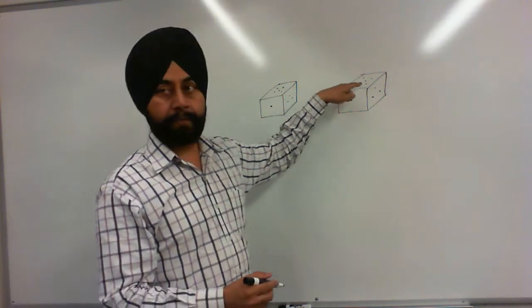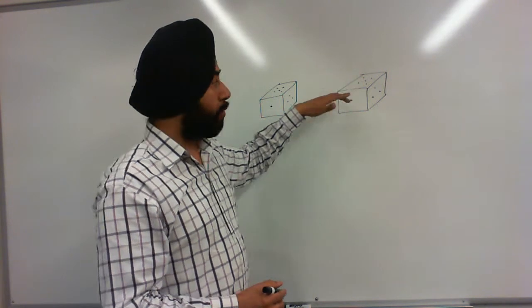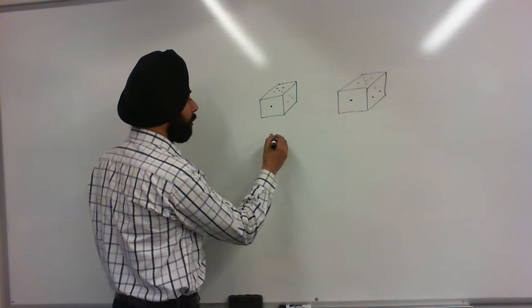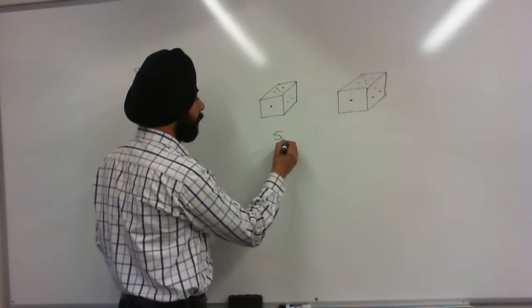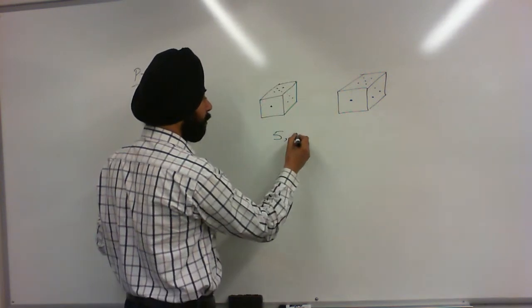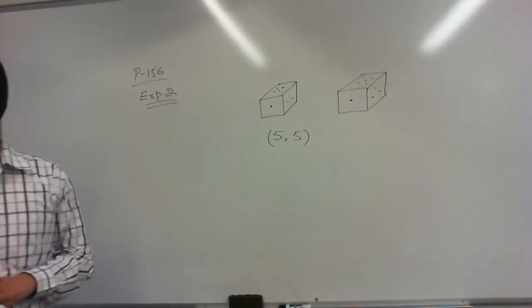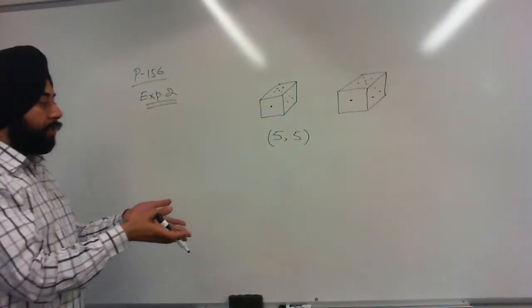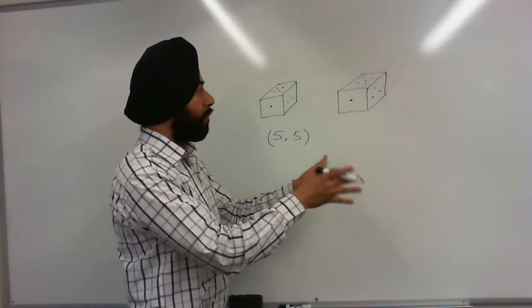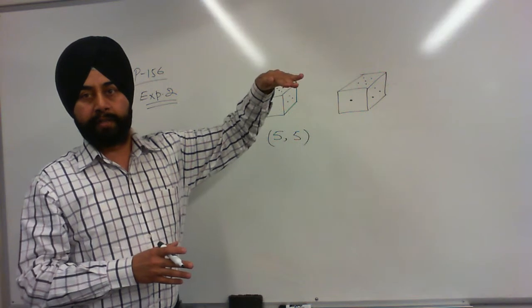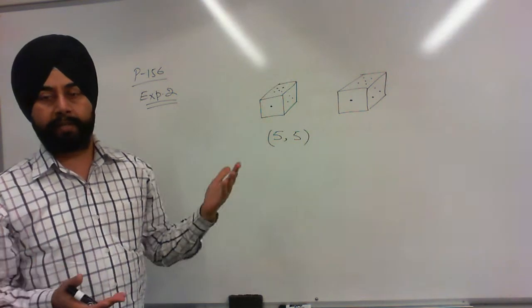And same thing here, right? So the situation right now is that this die has face number 5 at the top. That one also has face number 5 at the top. But if you randomly roll them, it's not always possible that you will have the same face at the top. They can end up having anything at the top.